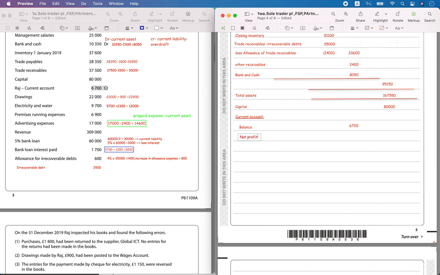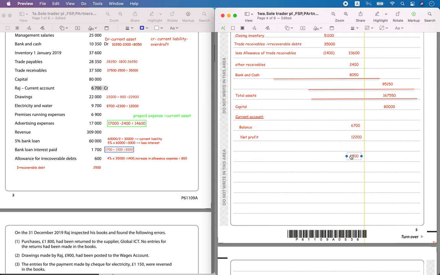So let's write the net profit. This was around 12,200.